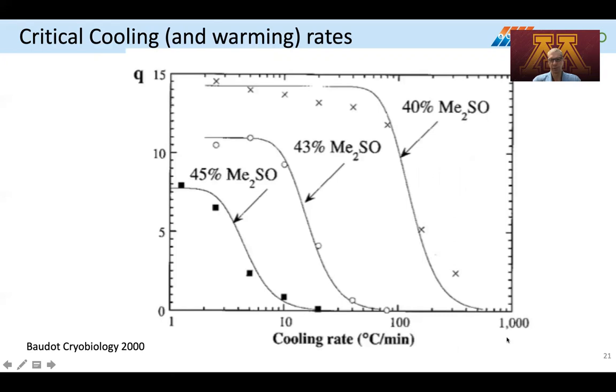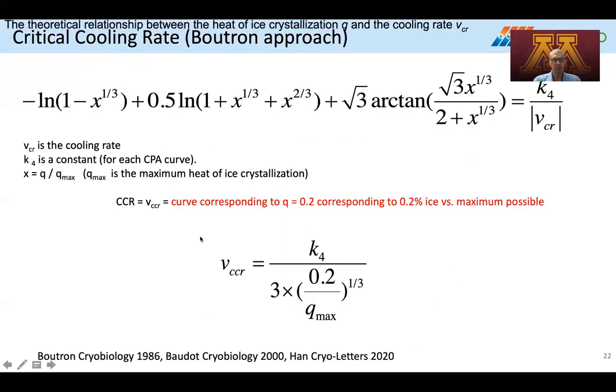So you need to get to really rapid rates with 40% dimethyl sulfoxide to have less and less Q, Q being crystallization or latent heat that you're seeing on the way down in the solution. At 45% dimethyl sulfoxide, after 10 C per minute, you really don't see much at all. It's more like 20 C per minute.